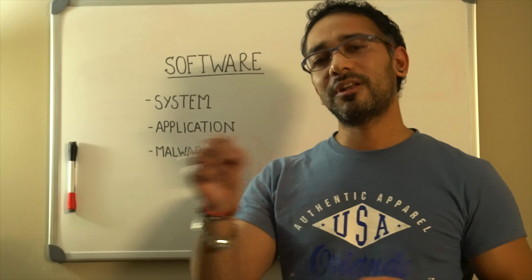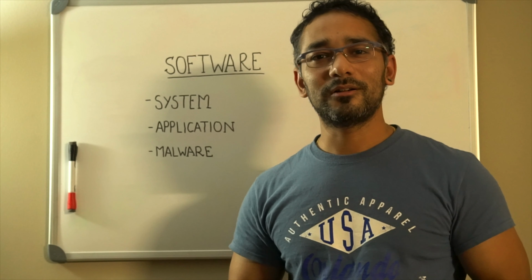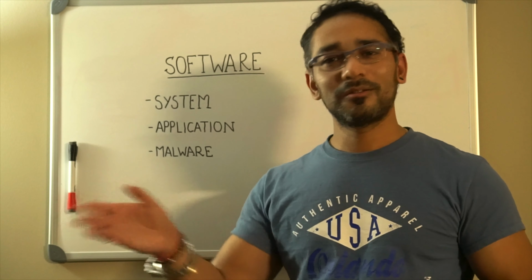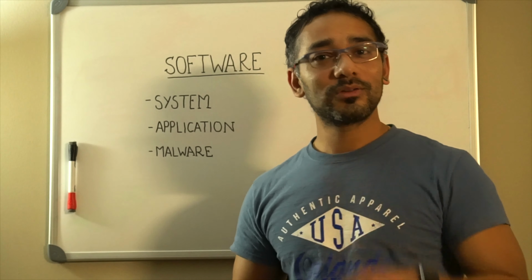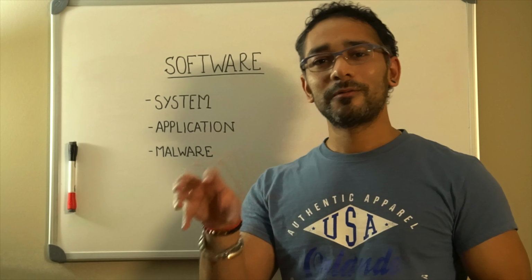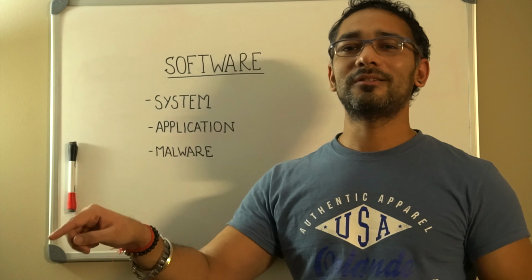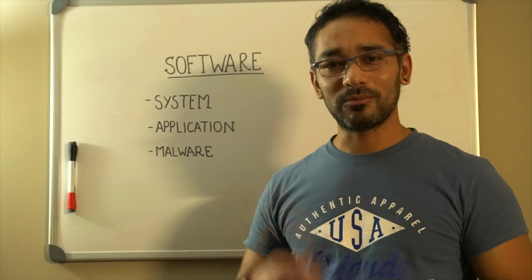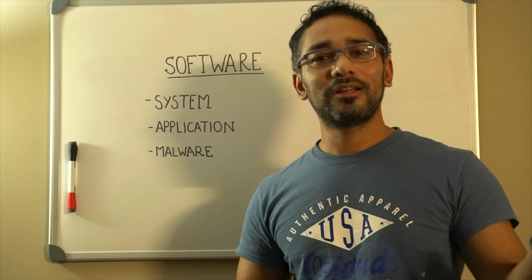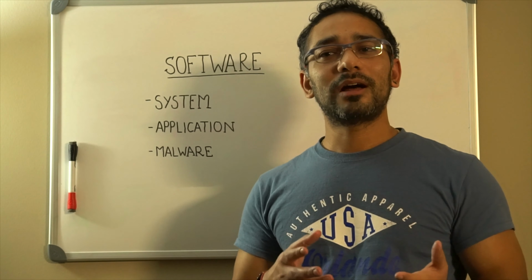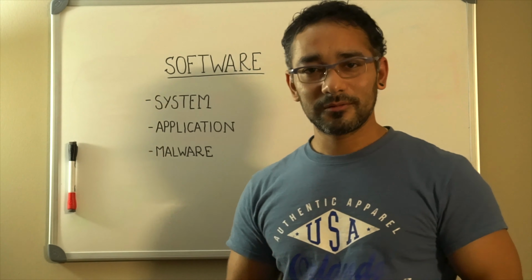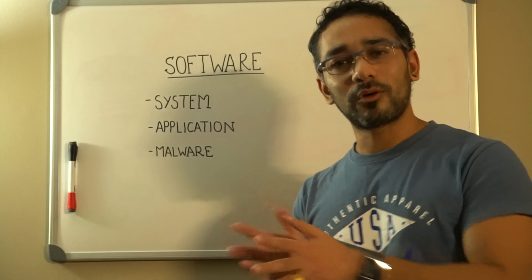If a keyboard is connected to your computer, how will it understand what this keyboard is, what this mouse is? For that also there is software. It helps the computer understand: okay, this is the keyboard and you need to take instruction from the keyboard; this is the mouse, you need to take instruction from the mouse. These are called drivers. So drivers are also part of the system software.